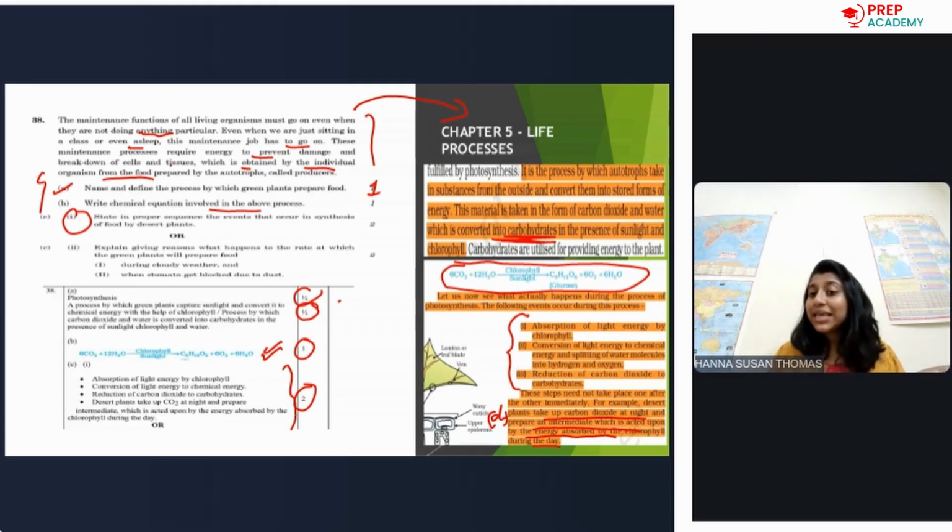Also, do not skip the activities given in these chapters, or the diagrams present at the corners of these chapters. Most of the time we tend to skip these diagrams, but your examiner can ask potential questions from them, whether 3 mark, 2 mark, or 1 mark. You have to focus on these diagrams and activities, all those things mentioned inside your reader.